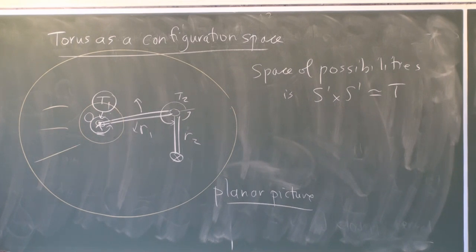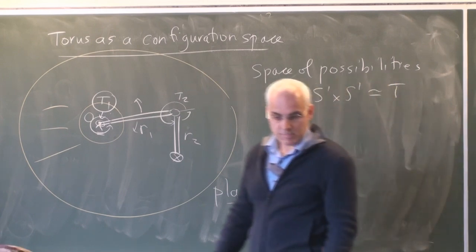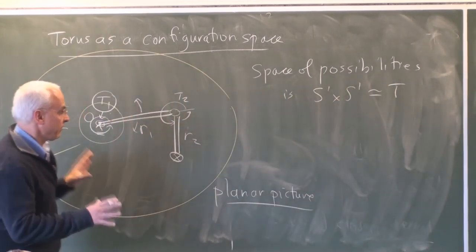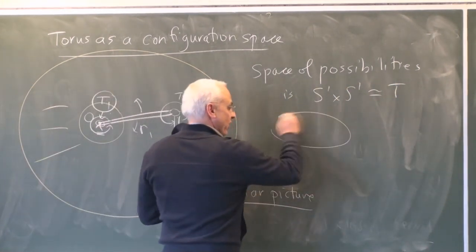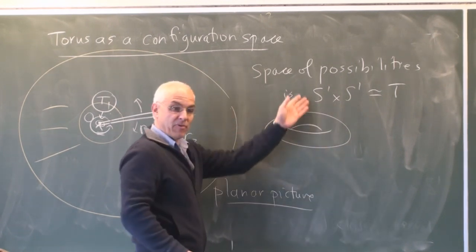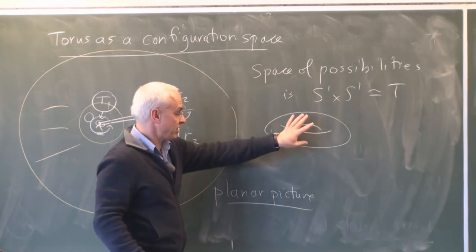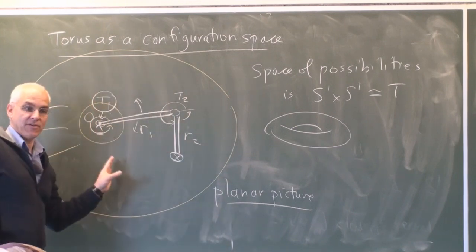So what do you do about the fact that two different combinations of those possibilities could end in the same place? Oh, absolutely. So what we really have is the abstract torus, which is represented by all the possibilities. And the question is, how does that relate to this annulus?